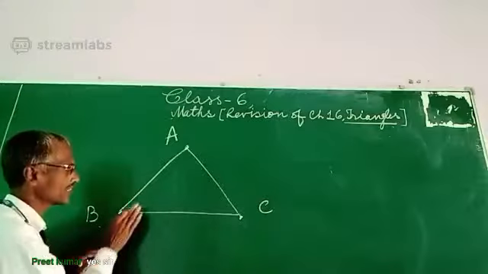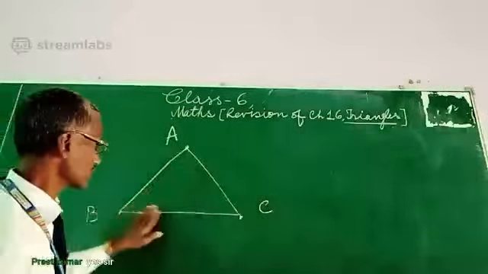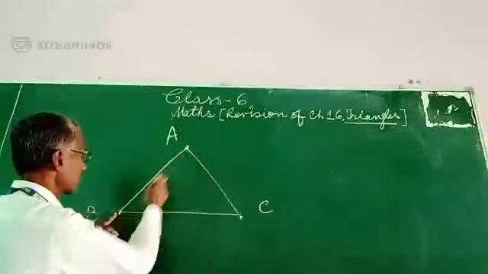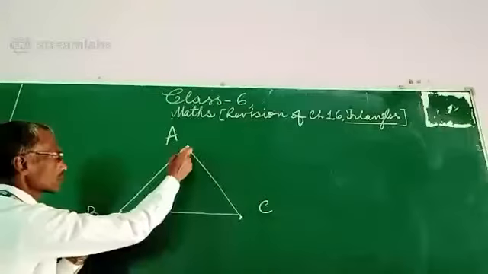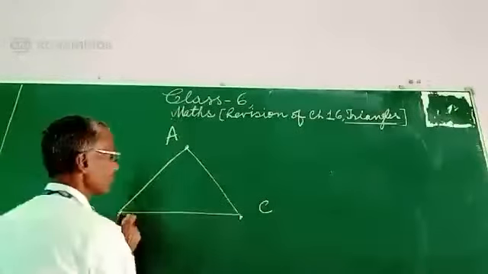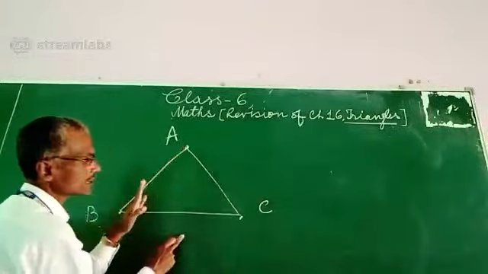This enclosed figure is called a triangle. What is the definition of triangle? It is a simple closed figure bounded by 3 line segments. How many line segments? 3 line segments. AB is the first line segment, BC is the second and CA is the third.